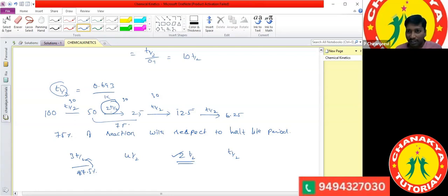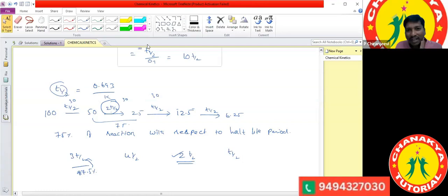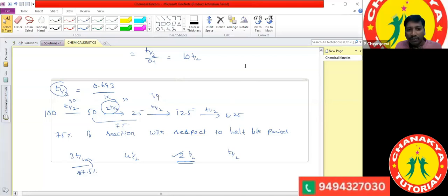Okay, so then we will do one thing. Directly, MCQ questions we will do based on this concept. Shall we do some MCQ questions in the next class? Until here, all of you understood now?